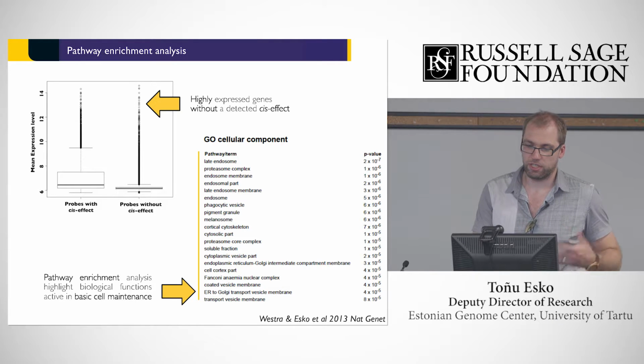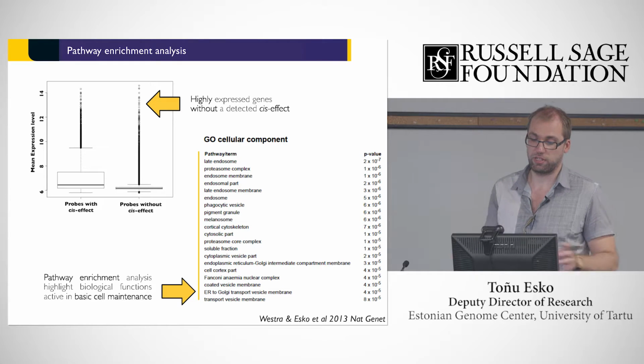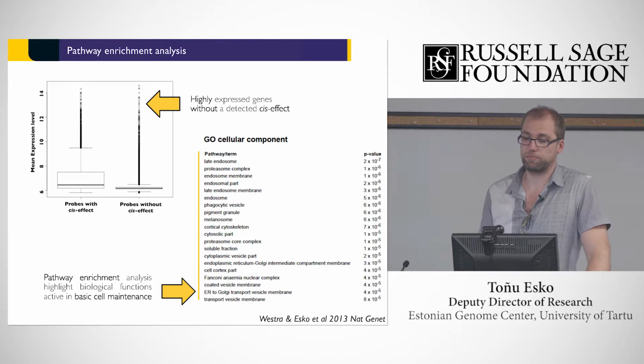And in this study we actually had so much power that we could find the cis-eQTL effect for nearly every gene, but not all. And then we asked the question why we didn't see a significant eQTL effect for some of the genes. We took all those genes together and ran a pathway enrichment analysis, basically estimating what pathways or biological processes are represented in the set of genes.